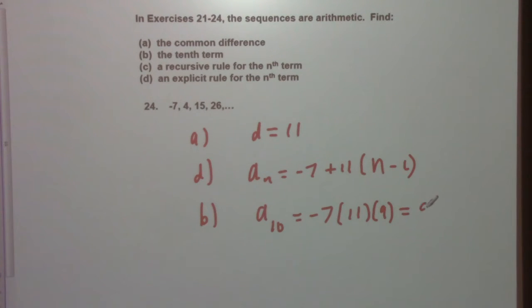Negative 7 plus 11, oh, big plus, excuse me. Let's get that right. We don't want to get things wrong here, do we? There we go. That looks better, right? 92. All right, 92, that's it.